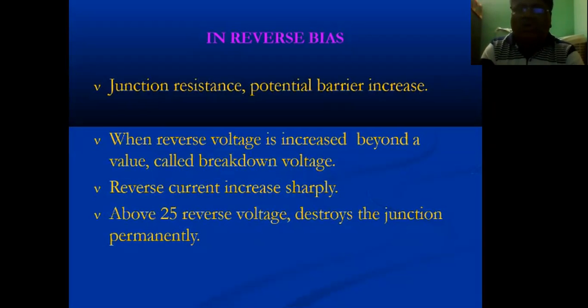Then the diode breaks down and is destroyed. So in reverse bias, the current is not passing. But when you apply a high voltage, at a certain point the current will pass. That point is called the breakdown voltage.